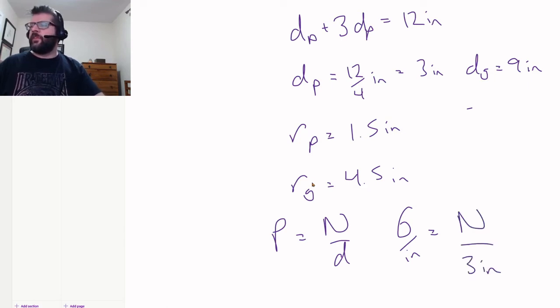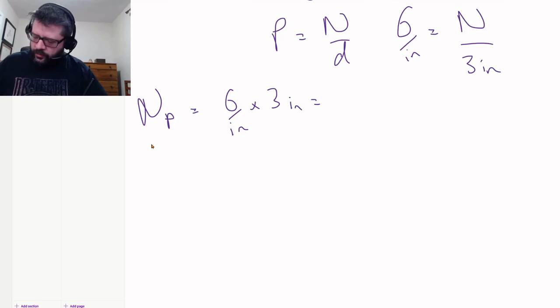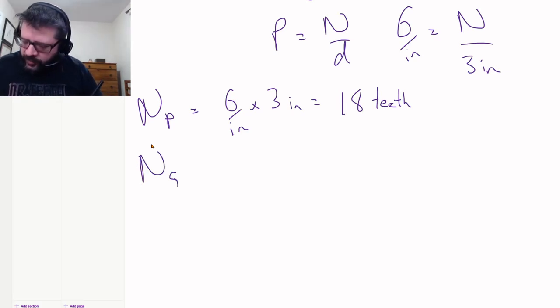Solving for the number of teeth of the pinion, it's 6 per inch times 3 inches, which is 18 teeth. Then for the number of teeth of the gear, we know that is going to be 3 times that, so 54 teeth.